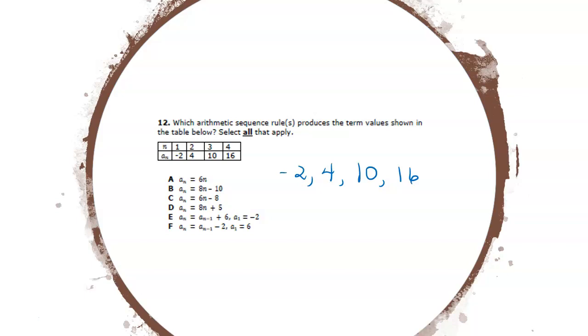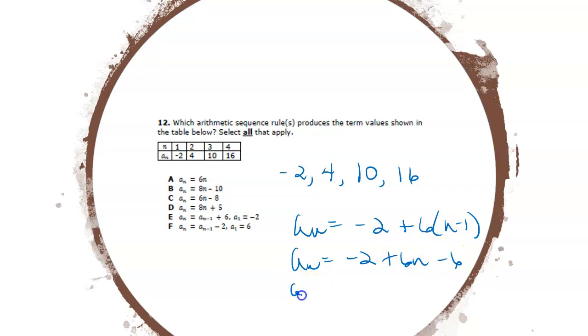We already know it's an arithmetic sequence. So we know first term plus, how much am I adding? 4 plus 6 is 10, plus 6 is 16, times n minus 1. Okay, so it's going to give me -2 plus 6n minus 6.